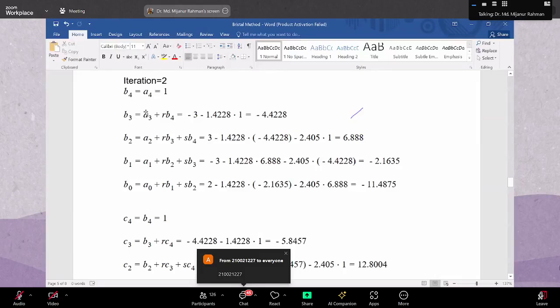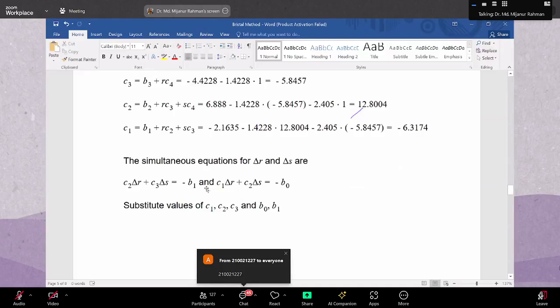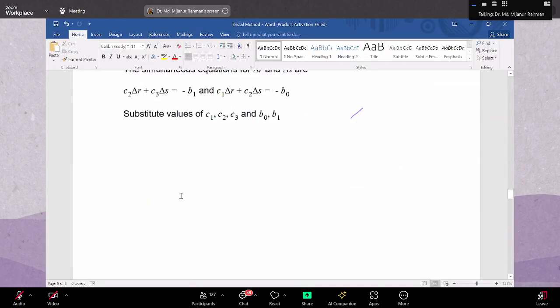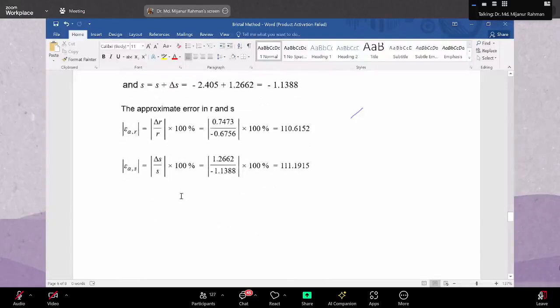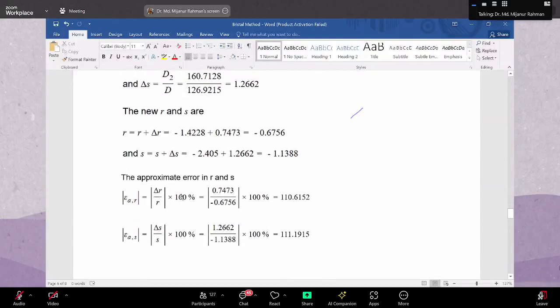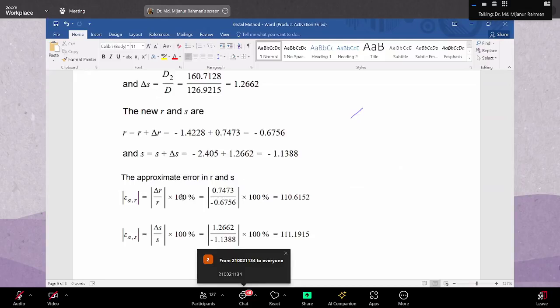So if you can apply only this relationship, the rest is very easy to calculate, the value of R and S from the value of delta R and delta S. So this is the technique of this method, that means Bairstow method, to find the root of the equations. So up to this, now I am opening the floor for your question. We can discuss.